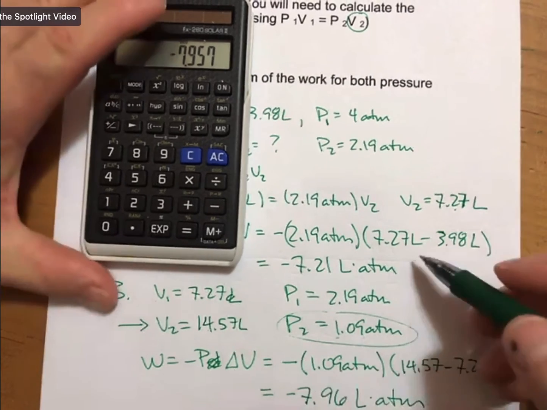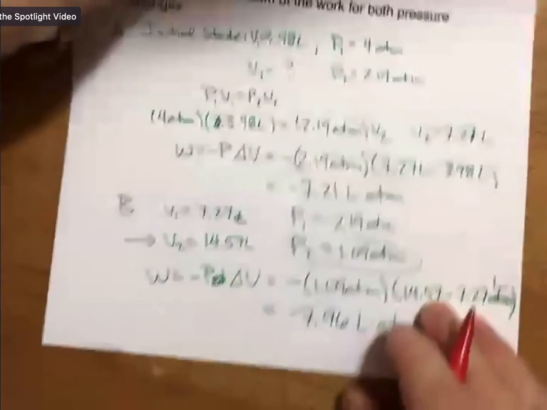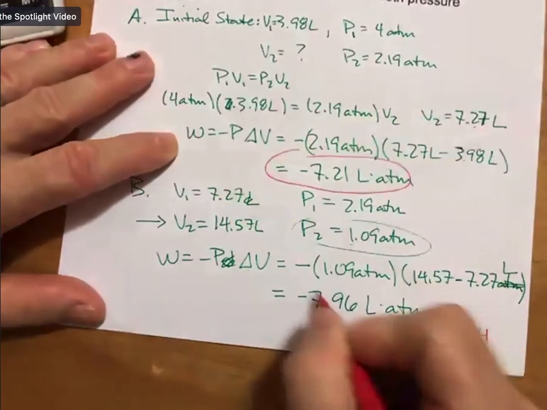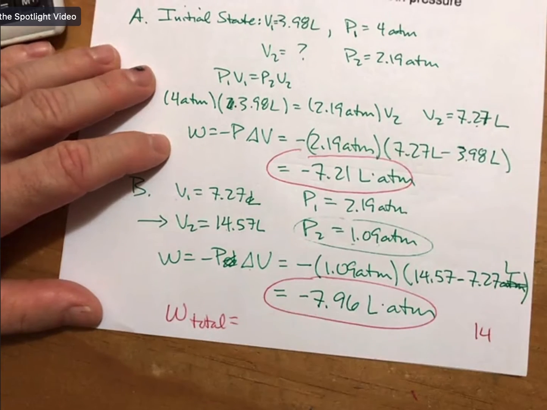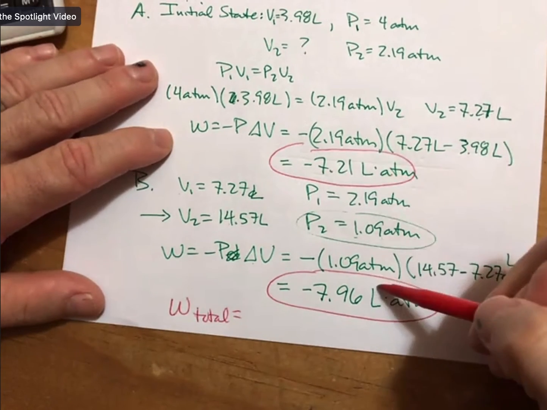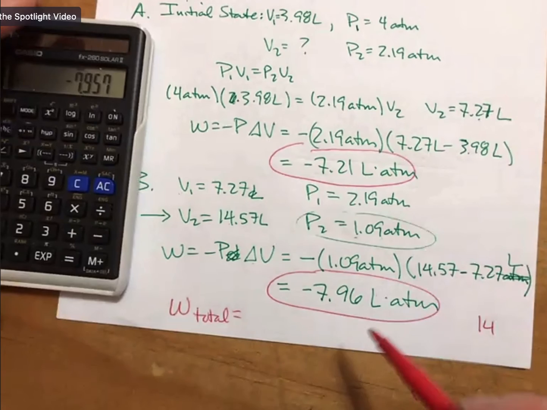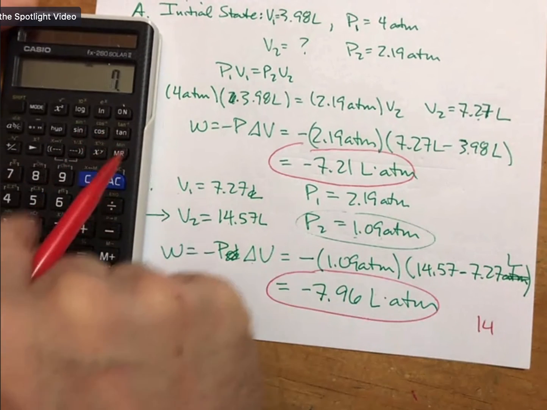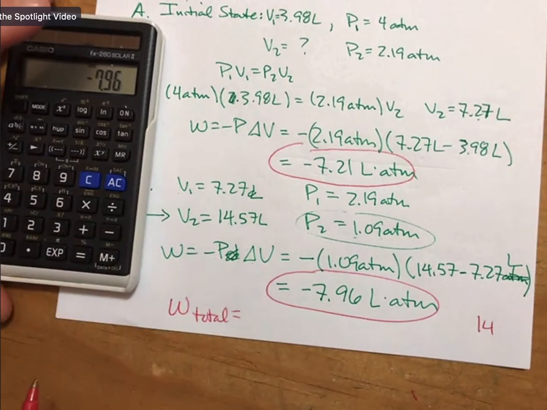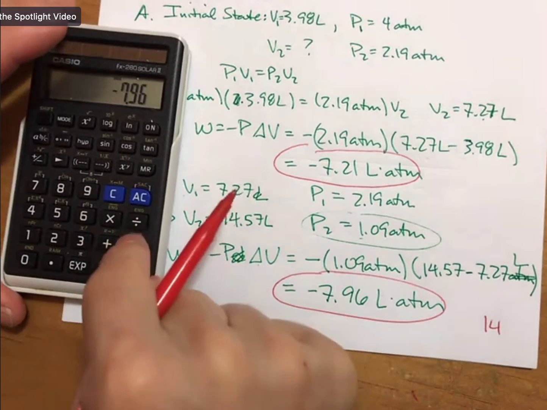And so add up your two amounts of work. Your work total is going to be these two added up, and they're both negative, so you're adding negative numbers. Minus 7.96 minus 7.21.